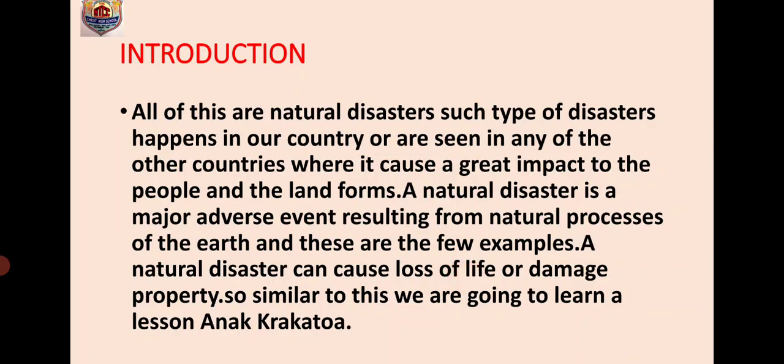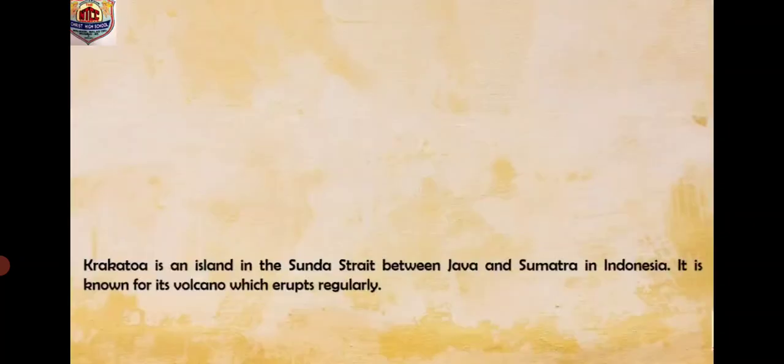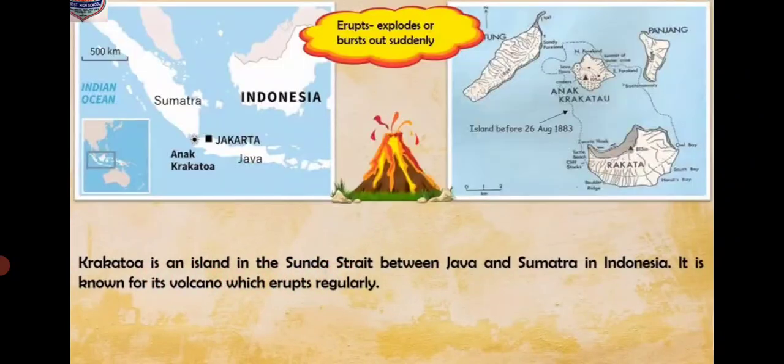Alright, so Krakatoa is an island in the Sunda Strait between Java and Sumatra in Indonesia. It is known for its volcano which erupts regularly. Now children, erupts means explodes or bursts out suddenly.